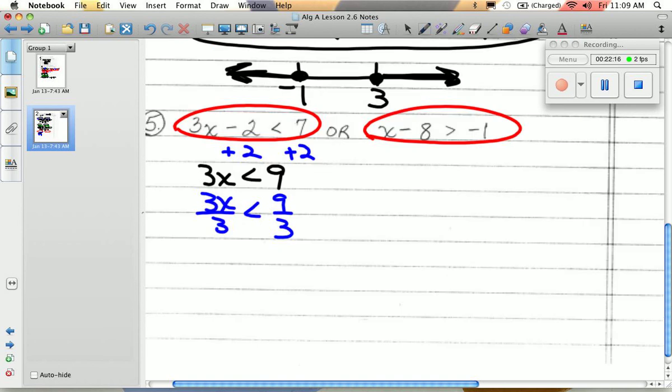And what's our solution to that part? X is less than 3. We didn't divide by a negative, right? Okay. What do we bring down next? The word or. Then we move back up there and say, okay, now I'm going to solve the other one. What's our move? Add 8.